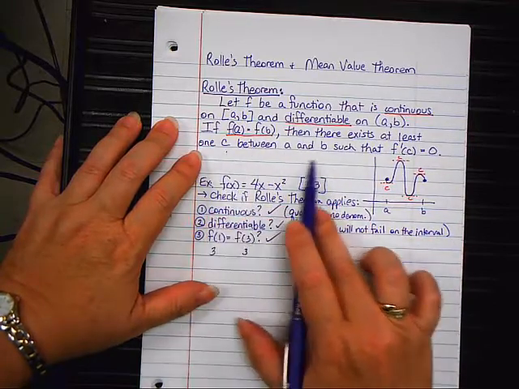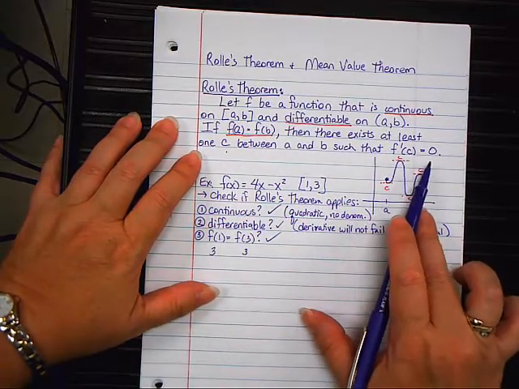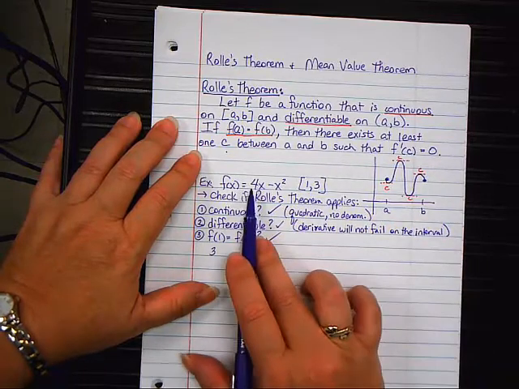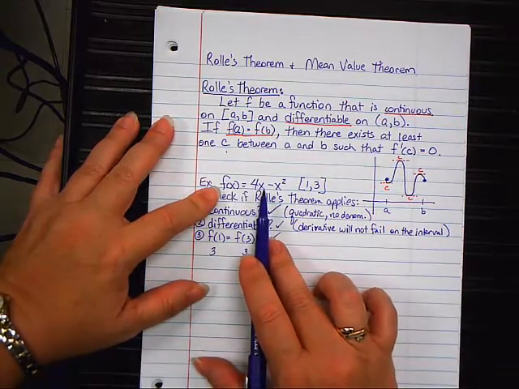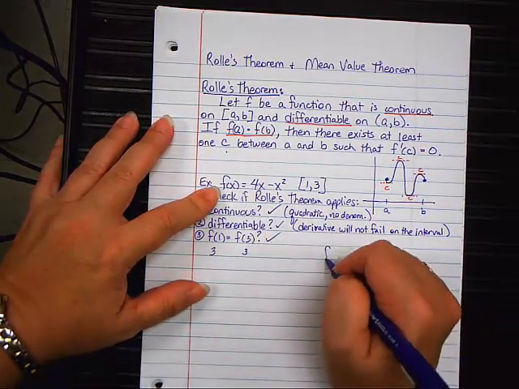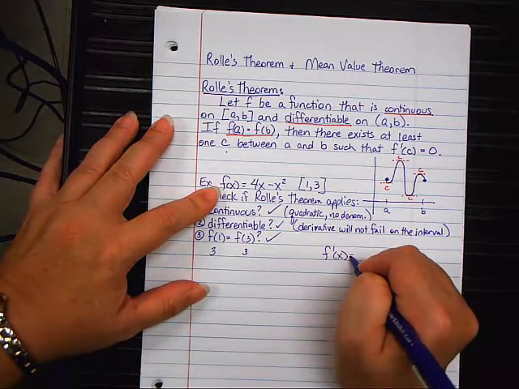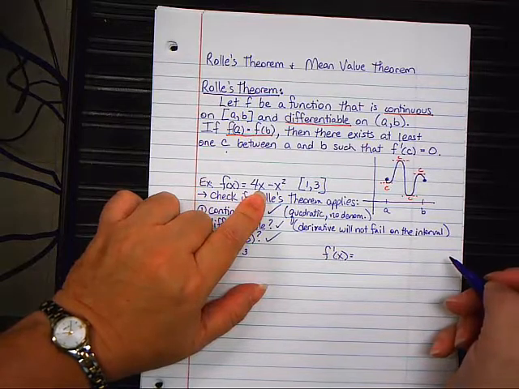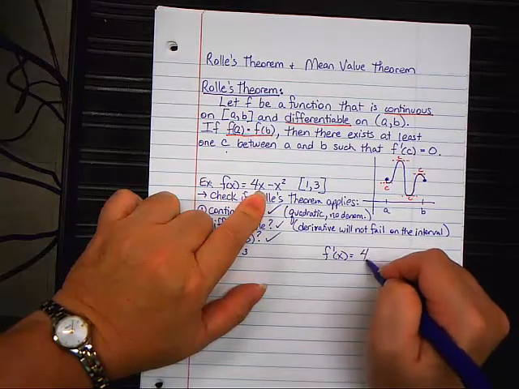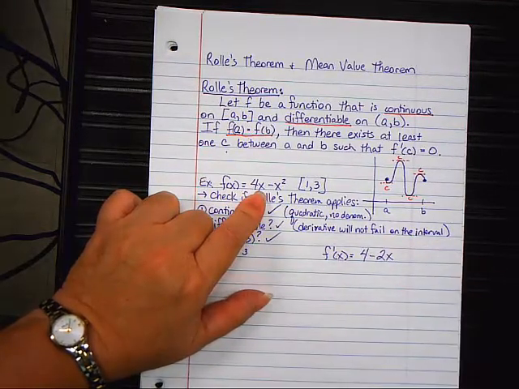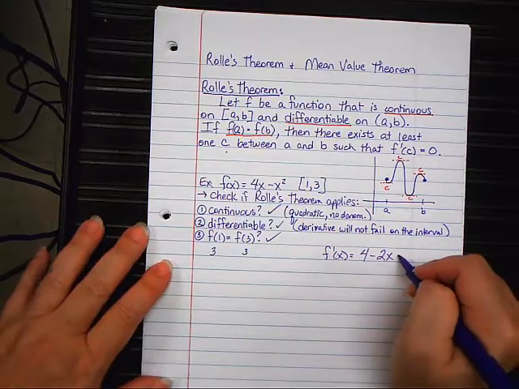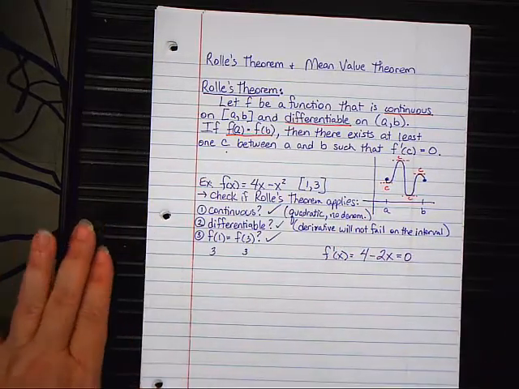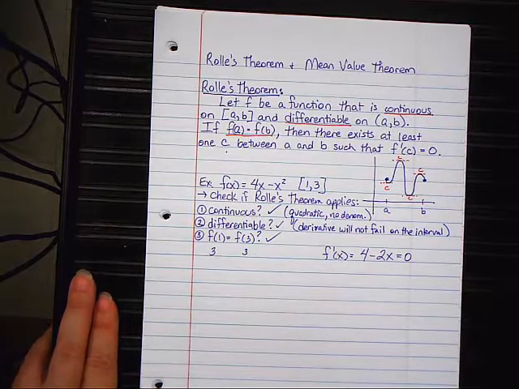Okay? So now, according to the theorem, it says if all 3 of these are yeses, there will be one C where the derivative is equal to 0. So that means I need to take the derivative and set it equal to 0. What's the derivative of this equation? Negative 2x. I'm going to write it the other way: 4 minus 2x. And it says the derivative is guaranteed to equal 0 somewhere between 1 and 3.